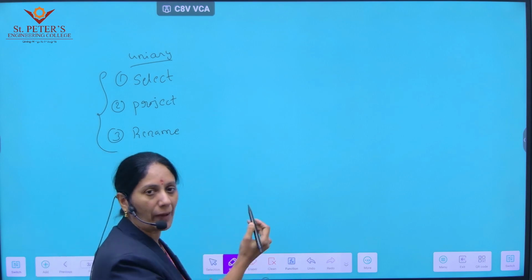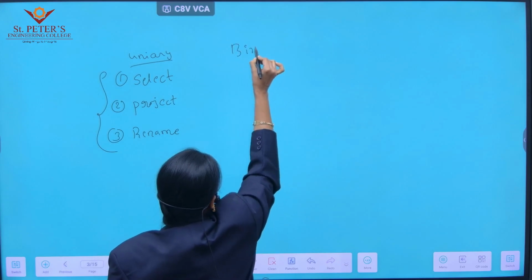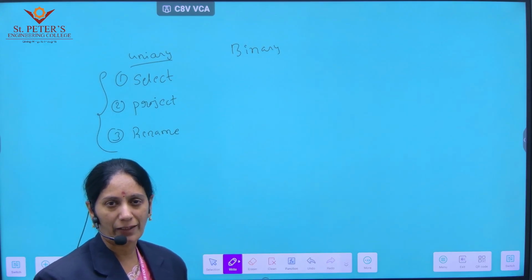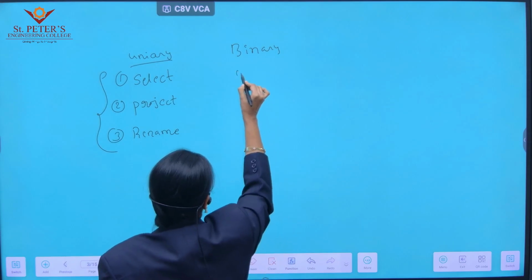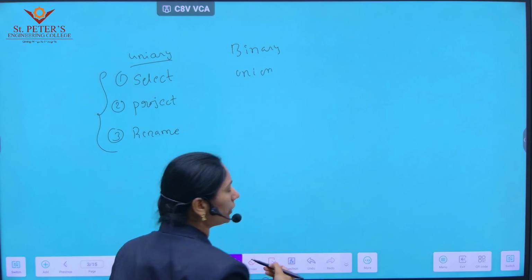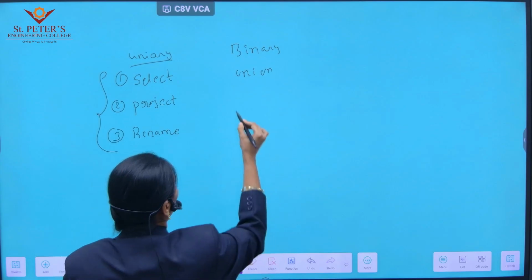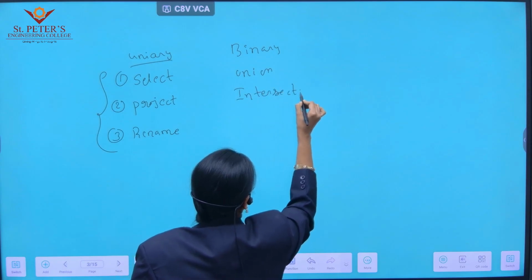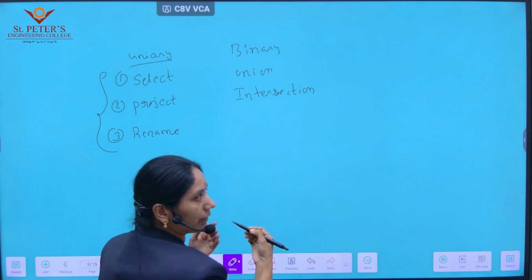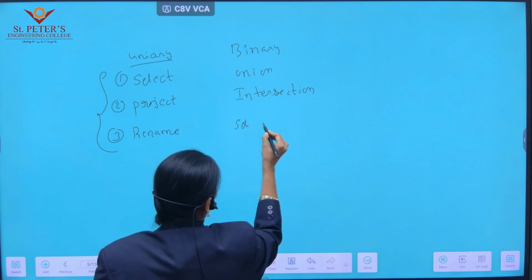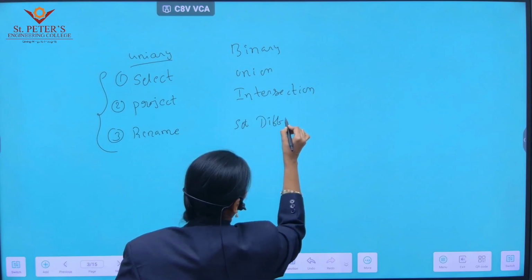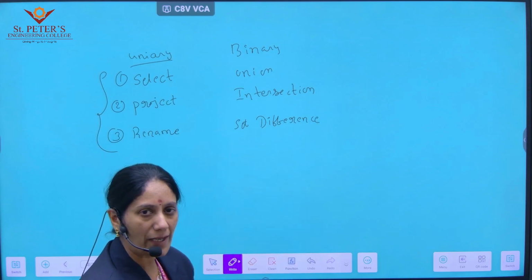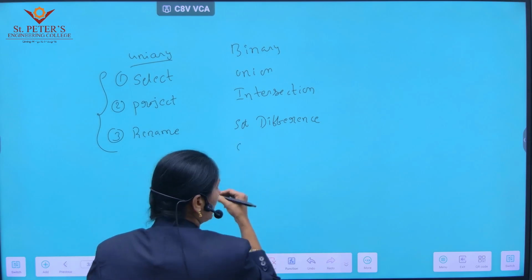Then go for binary operations. There are some different types of binary operations: the union operation, the intersection operation, the set difference operation, and the last one is the Cartesian product operation.